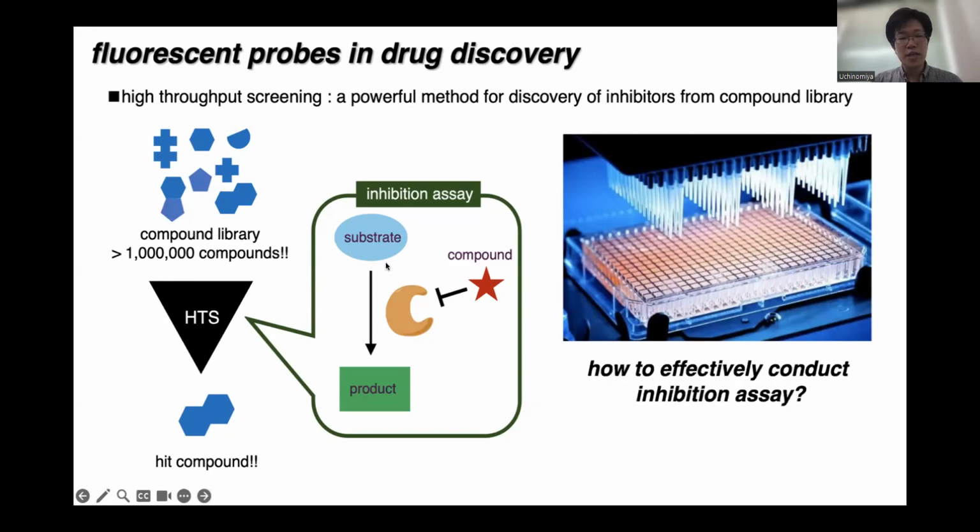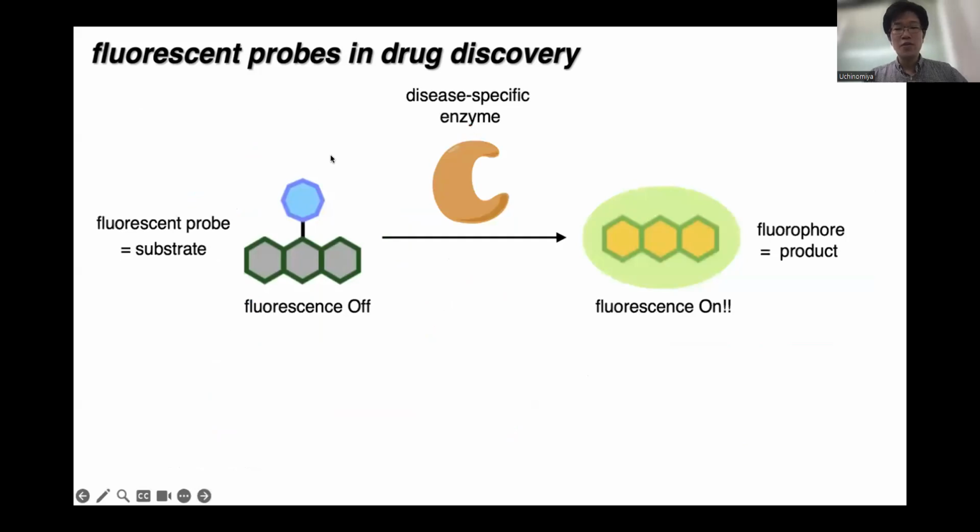However, we need to conduct this inhibition assay effectively, because the inhibition assay takes a long time and is mostly very costly. For this goal, fluorescent probes can be used. Fluorescent probes show fluorescence after reaction with the enzyme, which means a fluorescent probe can be a substrate of the enzyme.